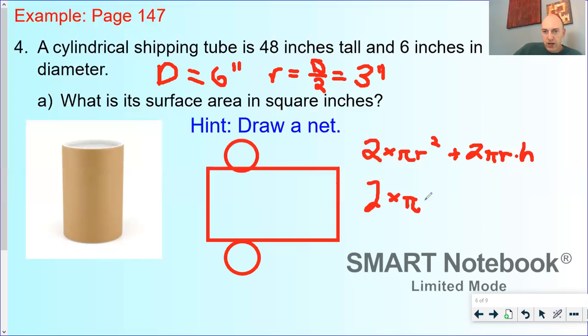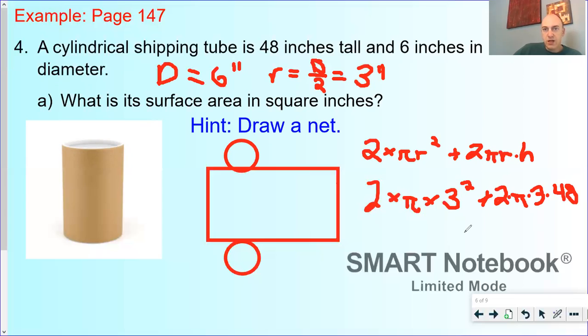So 2 pi times 3 squared. And then the second part of this is going to be 2 times pi times 3, our radius again, times the height, 48 inches tall. That's a big shipping tube. All right, so 2 times pi times 3 squared.